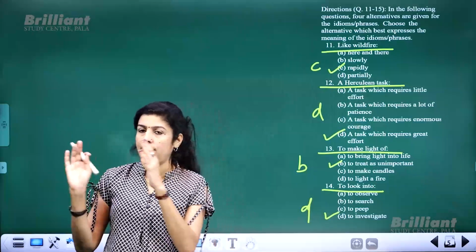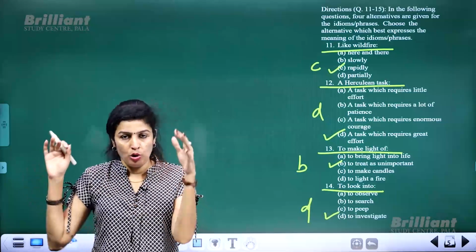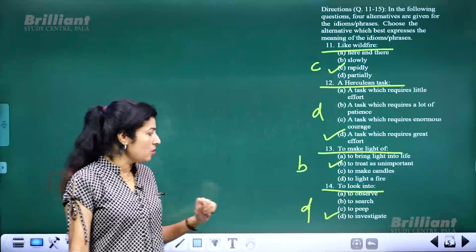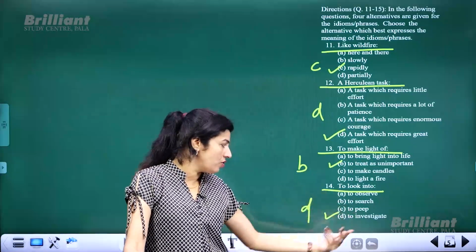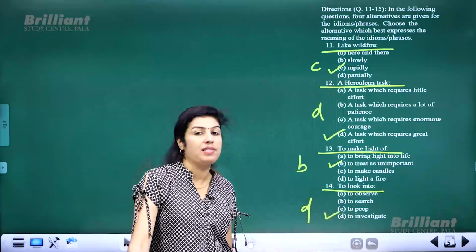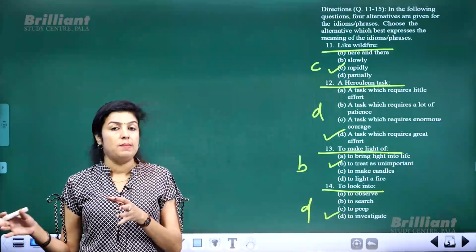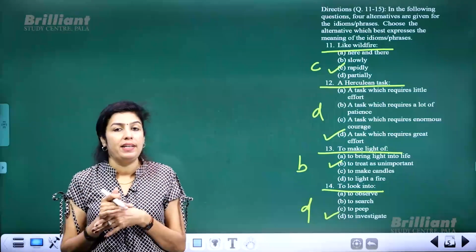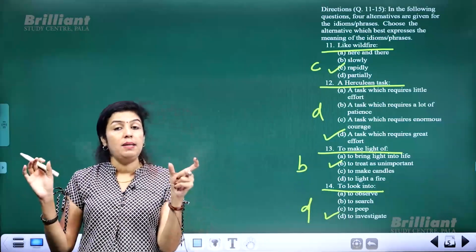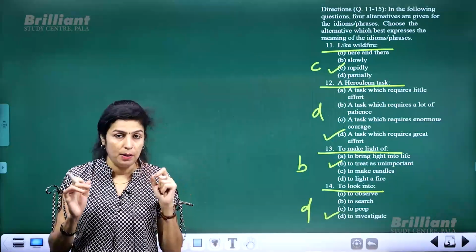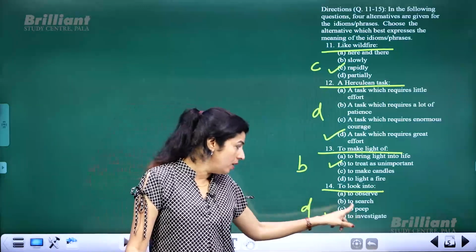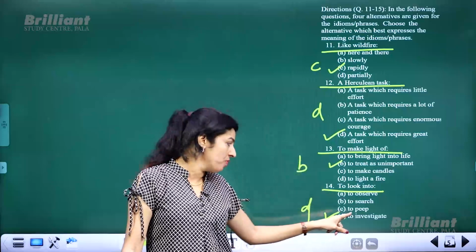Observation means just to look at a particular thing and you do not go into the deep part, so not so intense. So not observing something or searching for something or peeping, but to investigate. When you use this term, like I want to look into the matter, that means I want to study the matter properly and investigate it properly. So that is the meaning of to look into, which means to investigate.